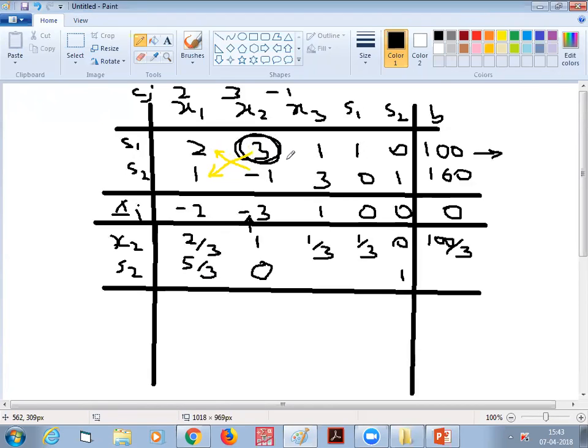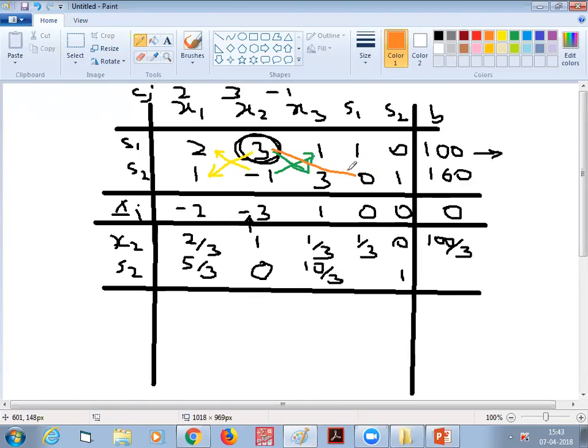Shall we try the next one? Right. Let me do that in a different color. So 3 into 3 is 9. Minus 1 into 1 is plus 1. So 9 plus 1 is 10. 10 divided by 3 is 10 by 3. Okay. And last two rather. Okay, maybe different color. Orange. So take this, multiply into this.